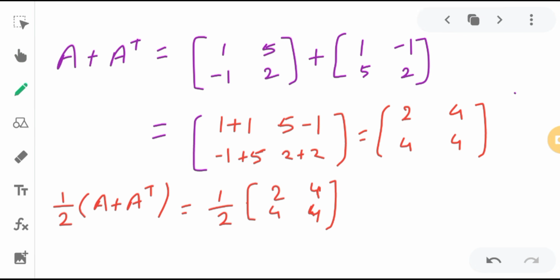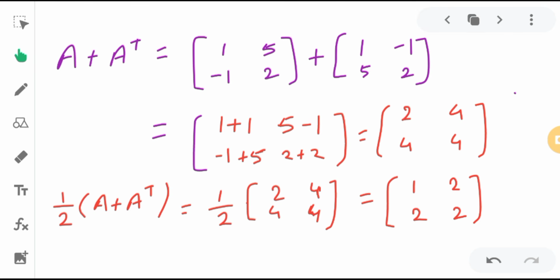So 1 upon 2 into 2 will be 1, then 2, then 2, 2. Then I will get this. So this is our symmetric matrix. You can check also, you will get the same result.